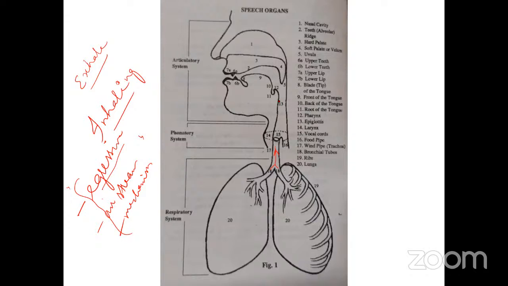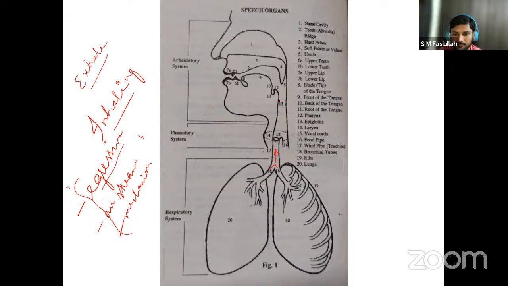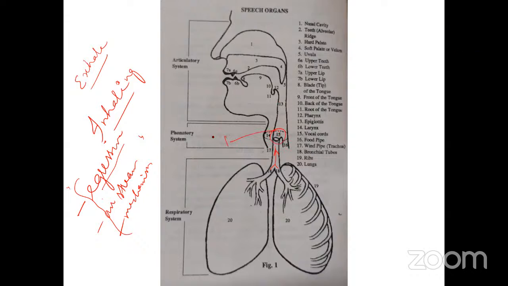When the air is going out of the lungs, where is the first point where it is used for production of sound? It is at this region, the vocal cord.